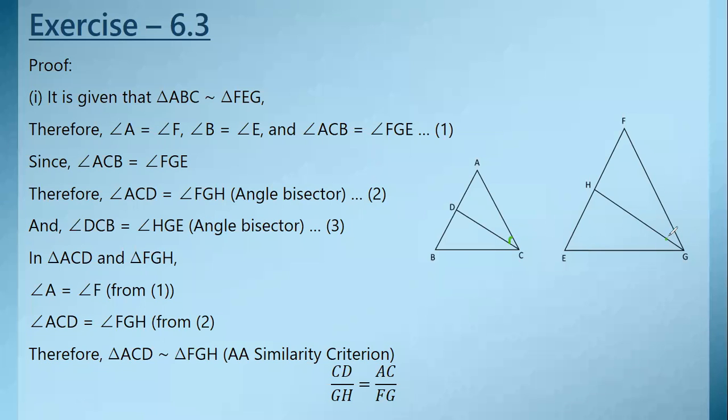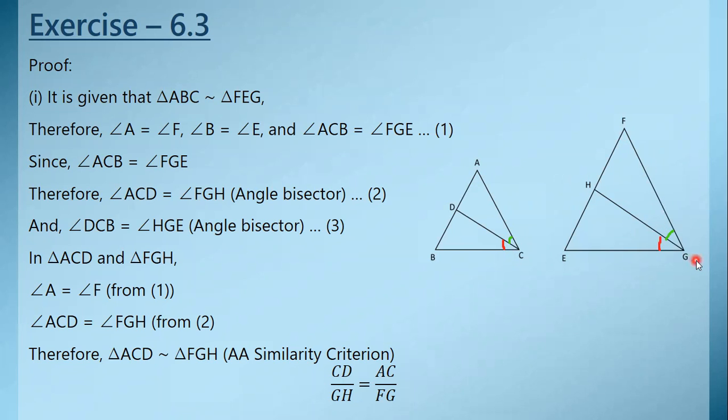This part is equal and then this part is also equal. Okay. So now in triangle ACD and triangle FGH, these two triangles, the upper part when we take, angle A and angle F are already equal and bisectors are also equal.